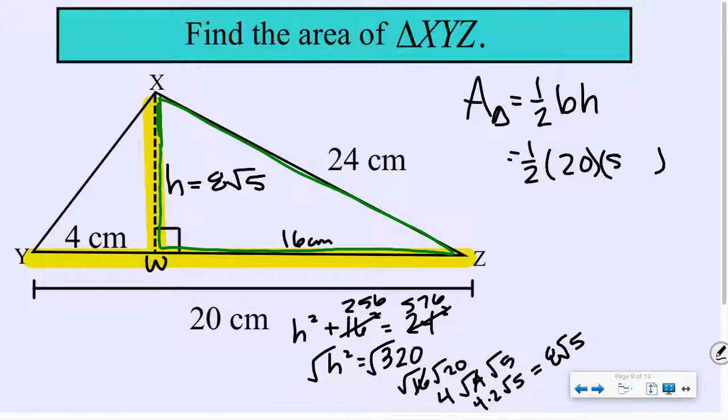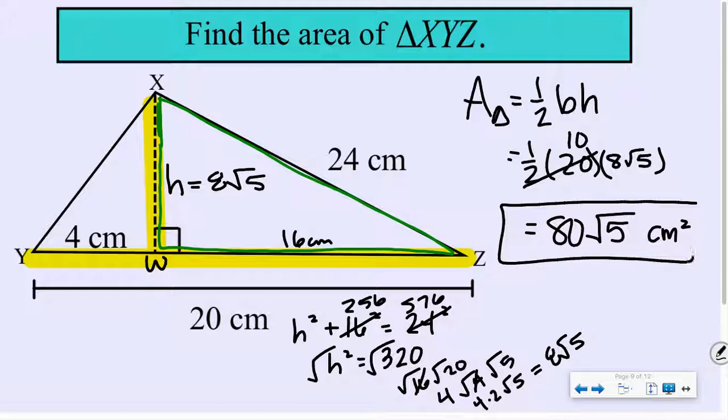So then I go over here and put it in my height part of my formula. Don't be dependent on your calculators. What's half of 20? What's 10 times 8? So then our area would be 80 square root 5 centimeters squared.